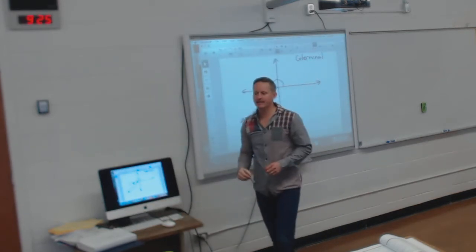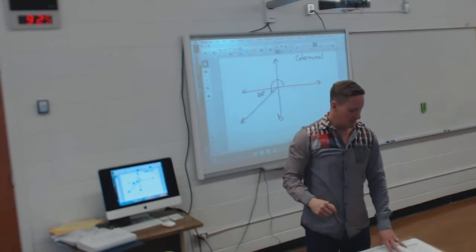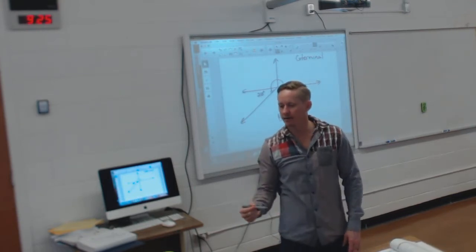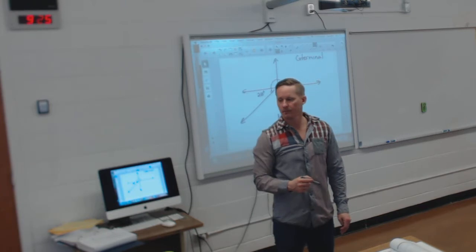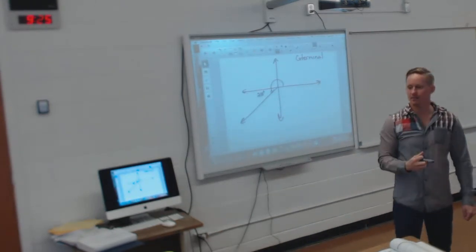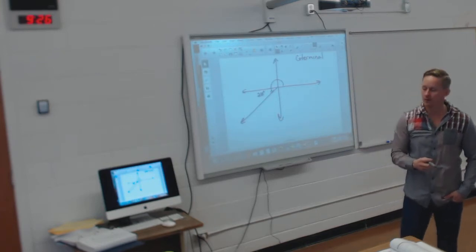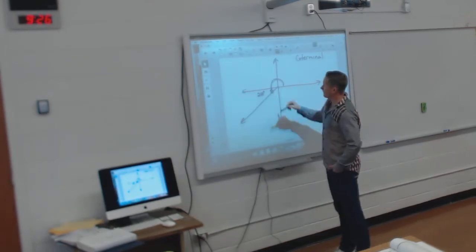Coterminal means in the exact same position. So how do I find another angle that's in exactly the same position? Taking that circle, I need it to be back to here every time.